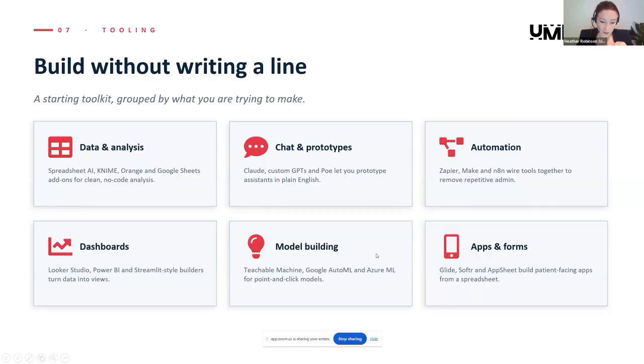If you're interested in learning to make models but you don't want to code, you can use something like Google AutoML, which I think is useful for building your first models and understanding how those are working. And then there are different tools like AppSheet where you can build an app that's like a form. So for example, if you wanted to do a questionnaire, or you wanted to build a first interactive chatbot, you could use these types of apps too.